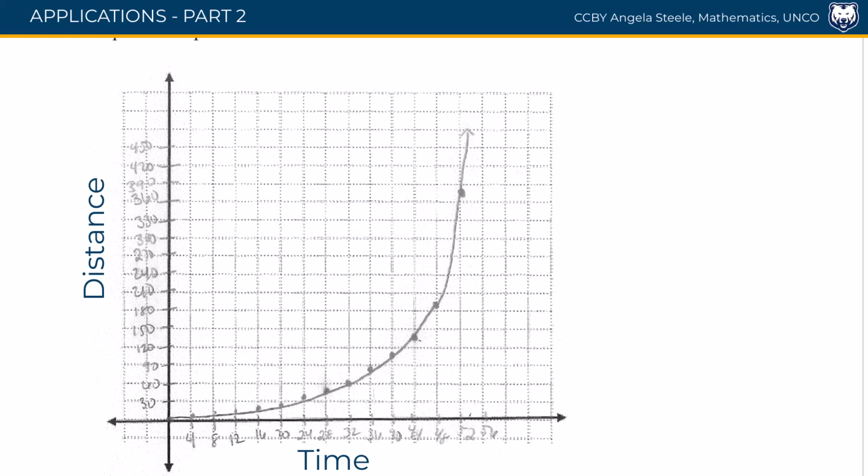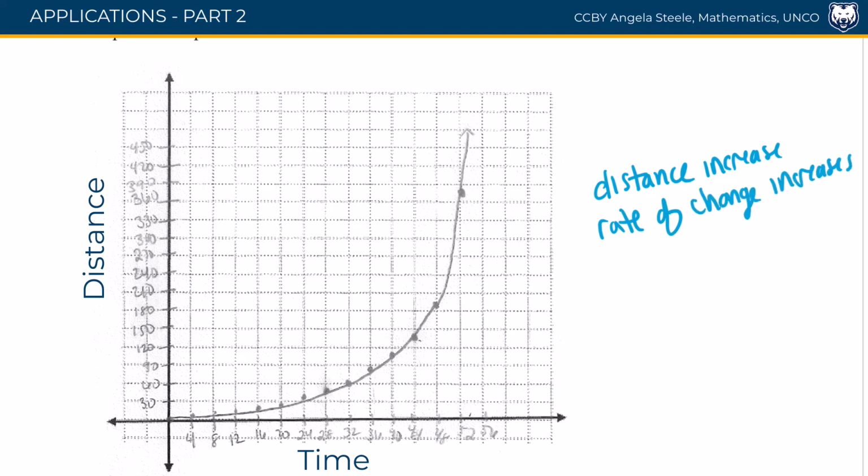Also, I want to point out the shape of this graph. When we were looking at the table of values, we said the distance increases, and we also said the rate of change increases. You can see that visually on our graph. As we read it left to right, it is going in an upward direction.